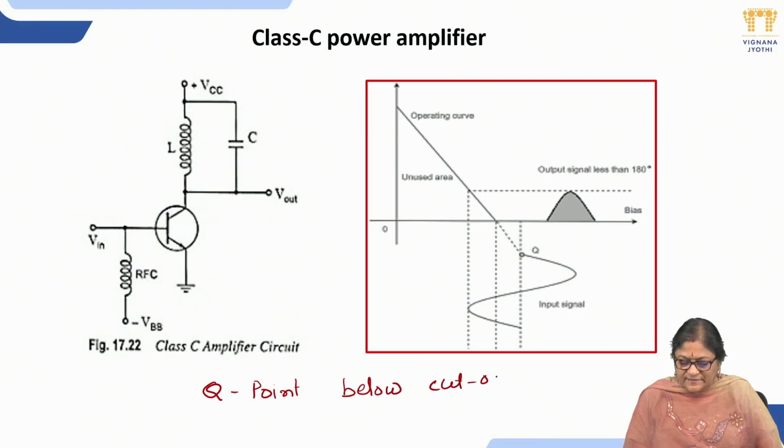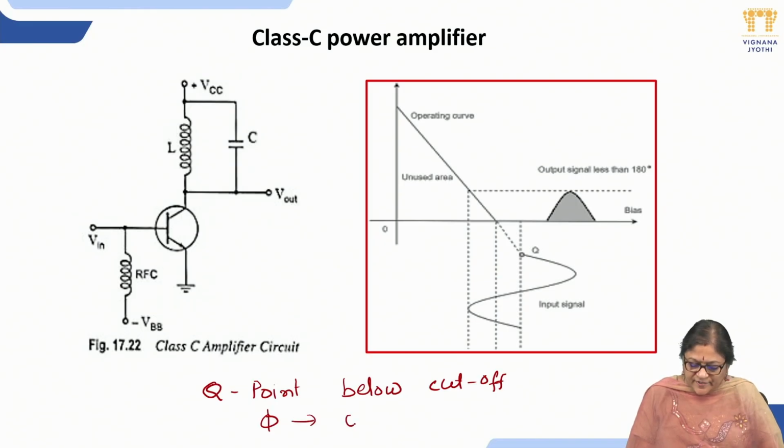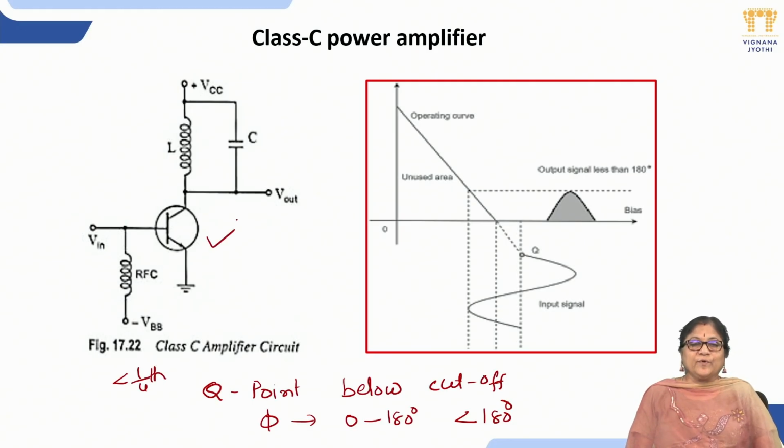The conduction angle of Q is not the complete 360 degrees; it is less than 180 degrees, only approximately 1/4 of the time, in the operating mode. That's why it consumes less power.